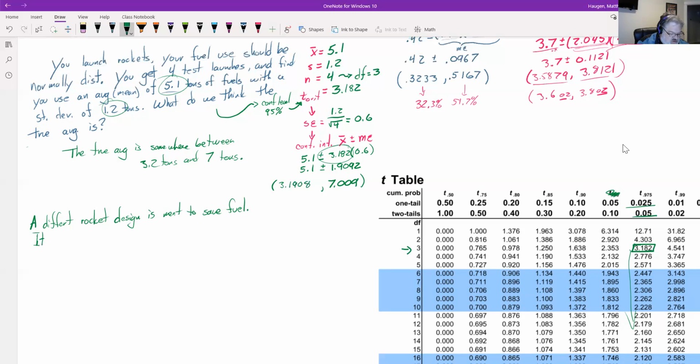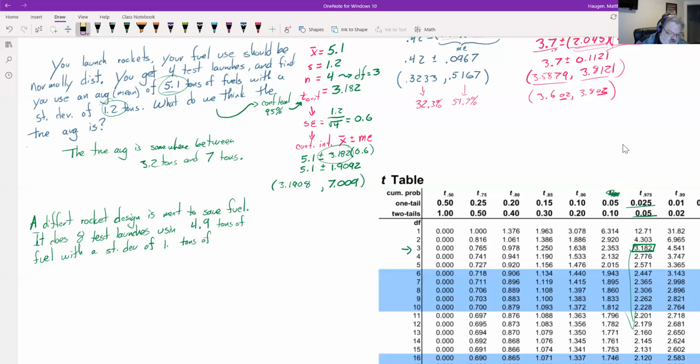It does, let's say 8 test launches using 4.9 tons of fuel on average, with a standard deviation of, no, let's not even make it 1.5.